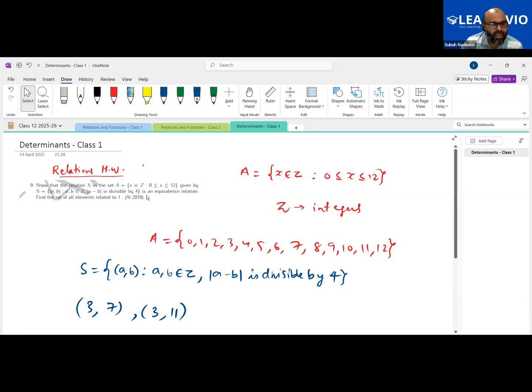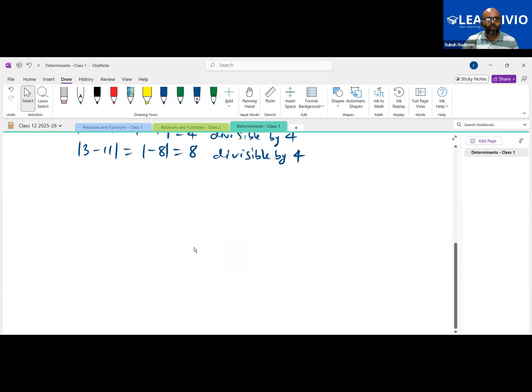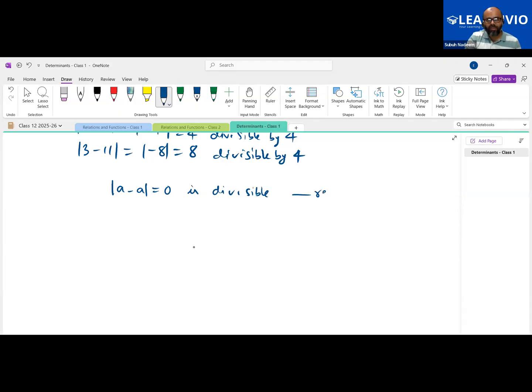Now it is saying: show that the relation S given by this is an equivalence relation, and find the set of all elements related to 1. To show an equivalence relation, mod of a minus a is 0, which is divisible by 4. So you will say that it is reflexive because a is related to a.